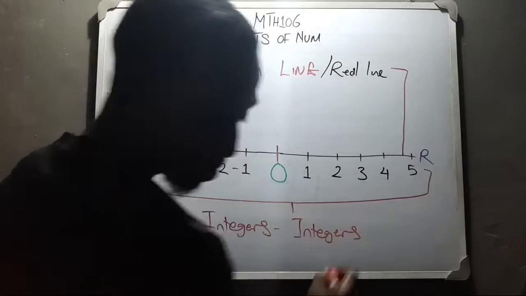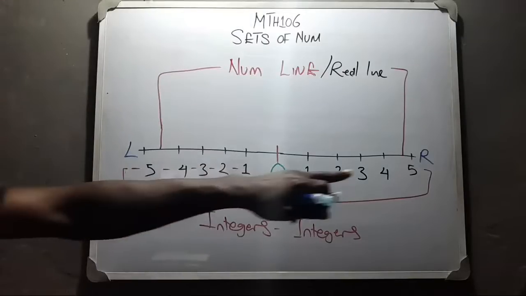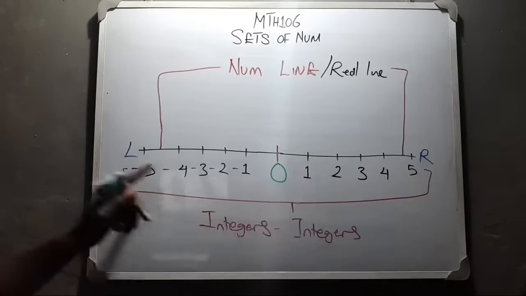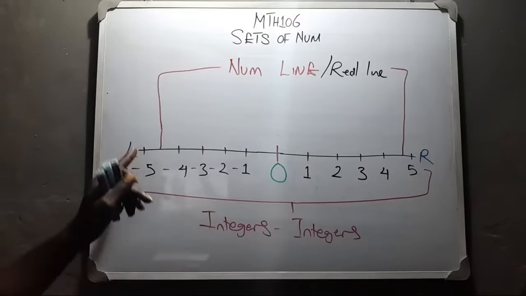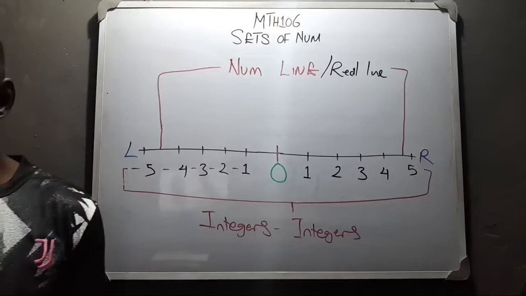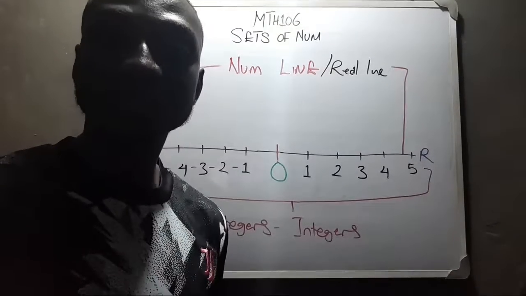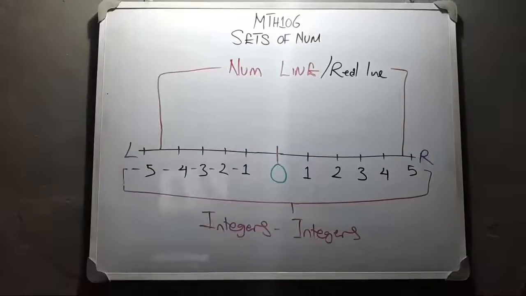Integers. Okay. Now here is the number line. I believe this is clear enough. Is it? So can I erase this?